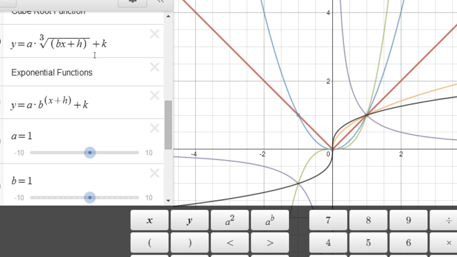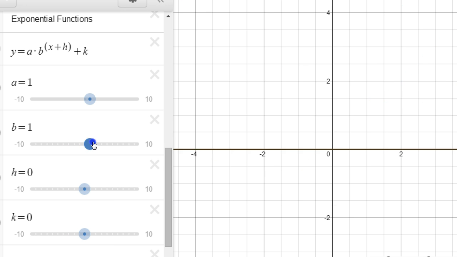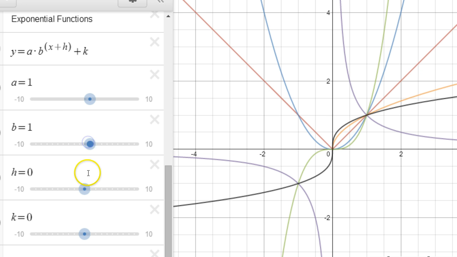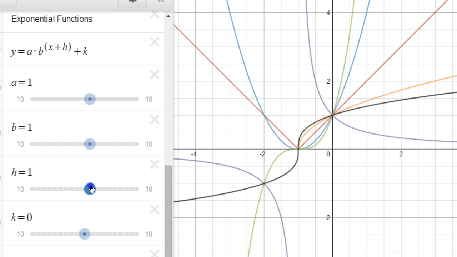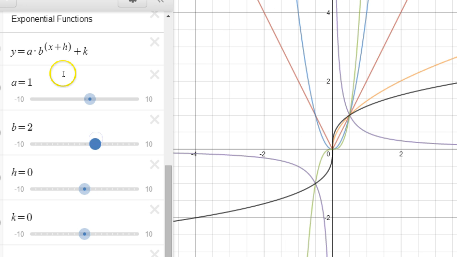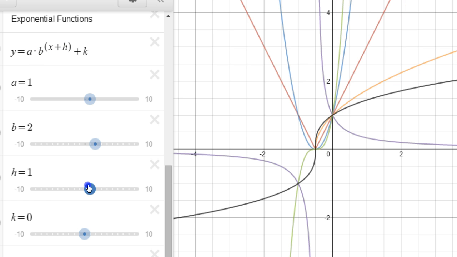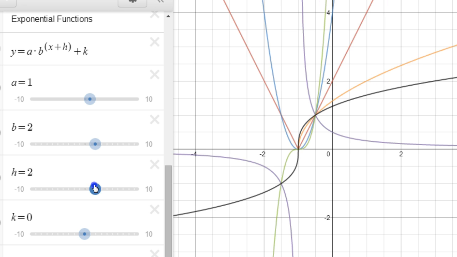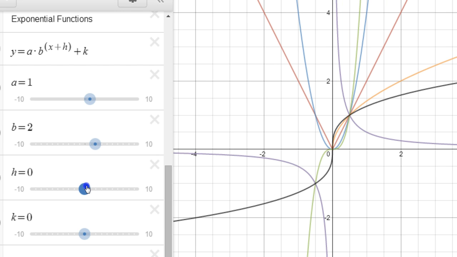If I change H to 1, it moves to the left 1. But if I change B to 2, the number inside of the function, and then move my graph, it moves half of what it was supposed to. Instead of moving at 1, it's moving at a half.